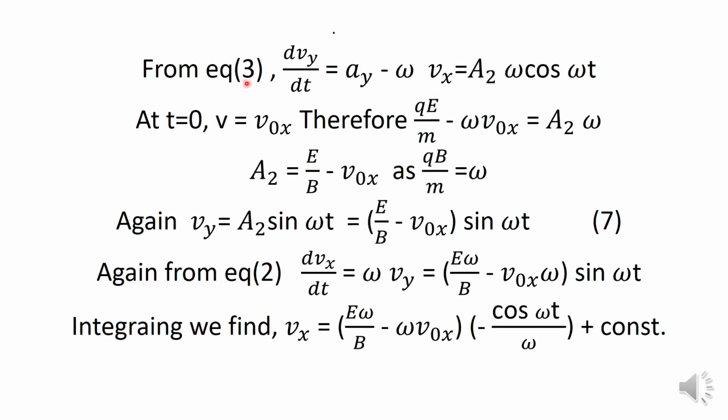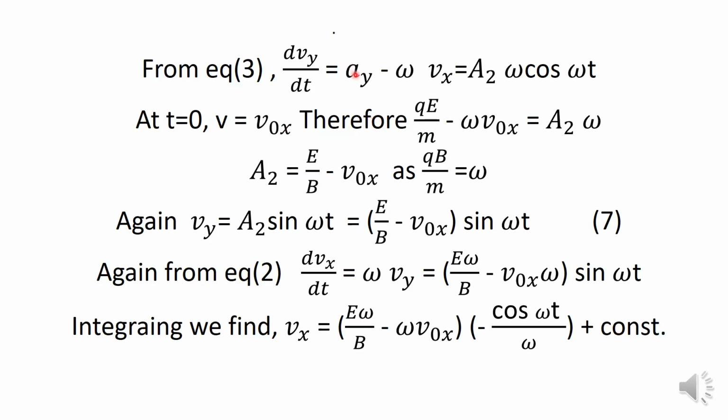Again from equation 3, dvy/dt = ay − ω vx. As vy = a2 sin ωt, therefore dvy/dt = a2 ω cos ωt. Now apply the boundary condition: at time t = 0, vx = v0x.